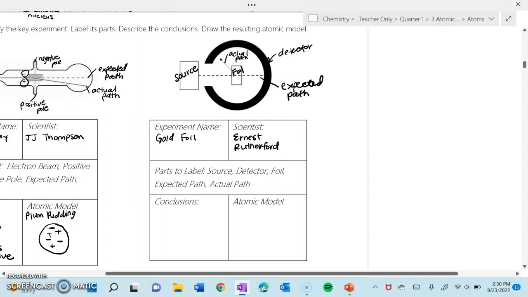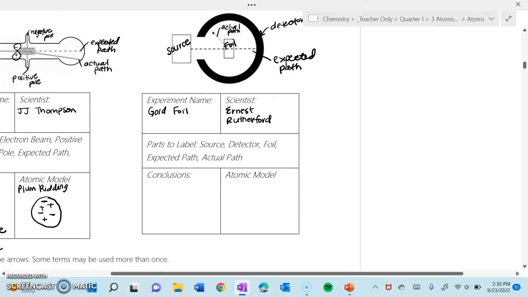But what ended up happening was the actual path bounced back. And so what that told us was inside of an atom there's a dense positively charged nucleus that caused the positive particles to bounce off because same charges will repel one another, and that's what happened when it bounced back.